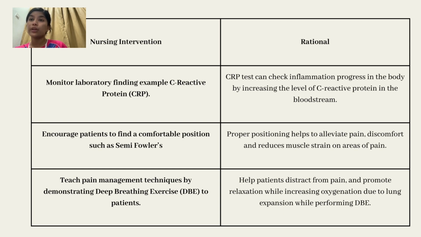Next one, we encourage the patient to find a comfortable position such as semi-Fowler's, because proper positioning can alleviate the pain, discomfort and reduce the muscle strain on the area of the pain.